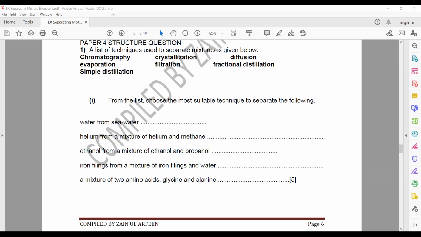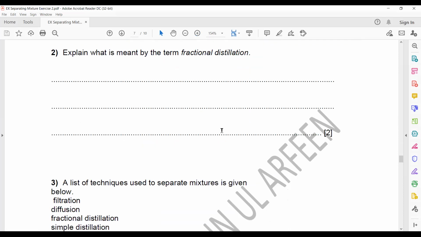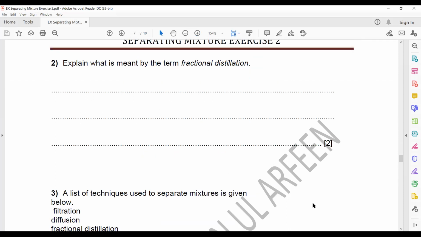Okay, moving on to the next question. The question is, what is meant by the term fractional distillation? So basically they're asking for the definition of fractional distillation.